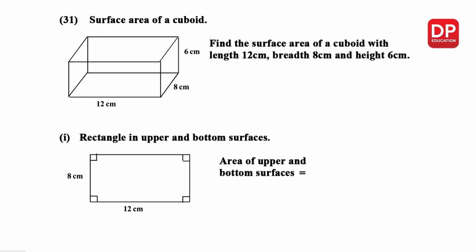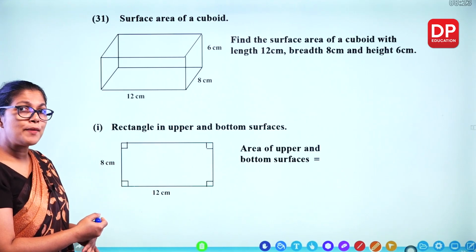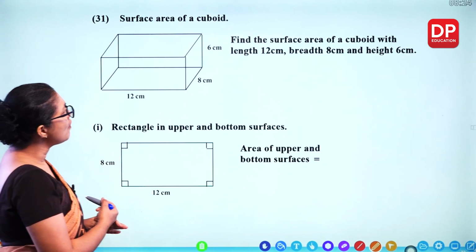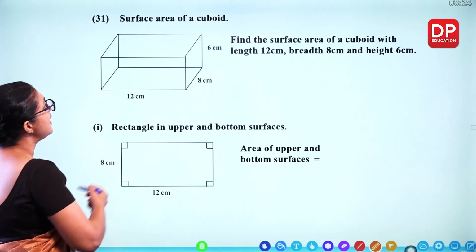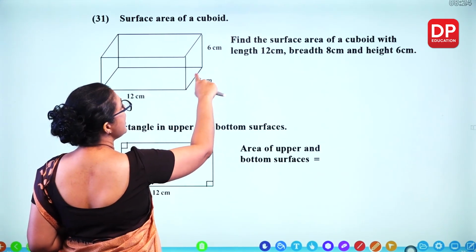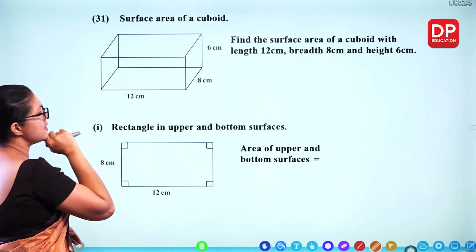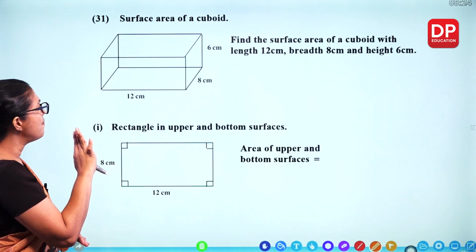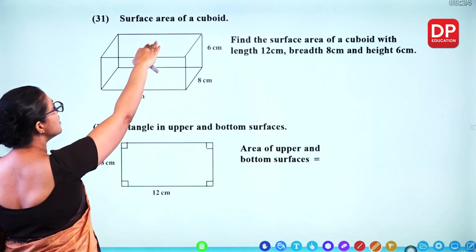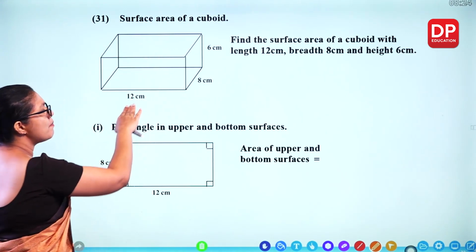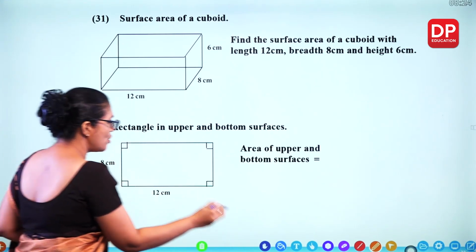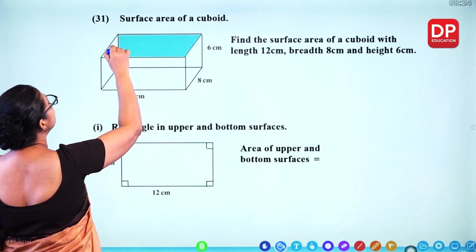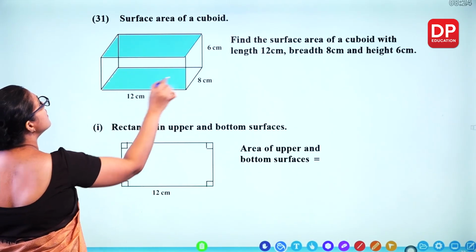Surface area of a cuboid. Now, cuboid means you get rectangles. Find the surface area of a cuboid with length 12, breadth 8 and height 6 centimeters. When you look carefully, you get the same sides here: the upper and bottom surfaces have the same area.